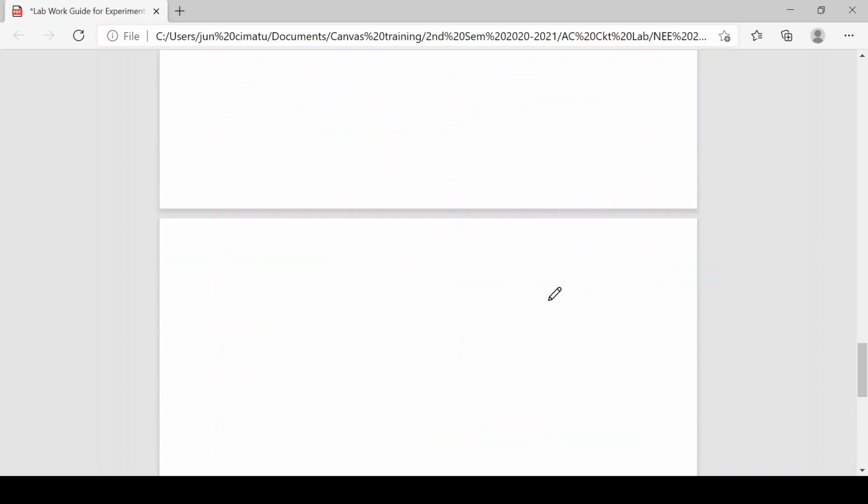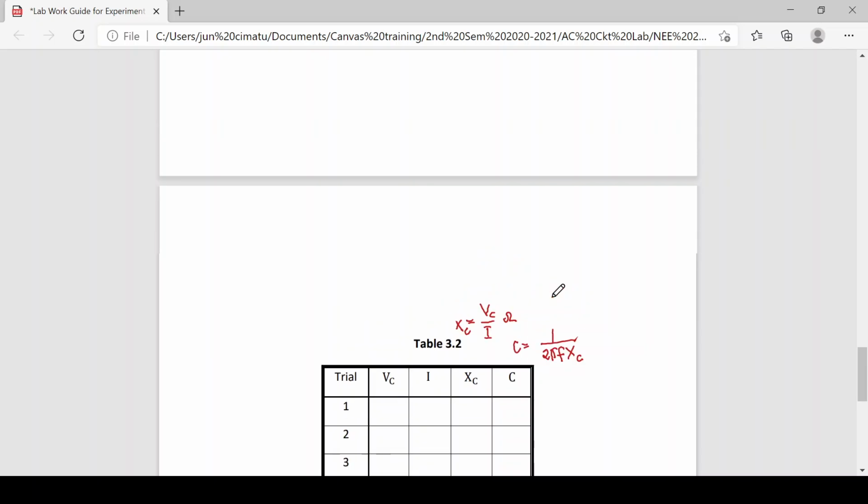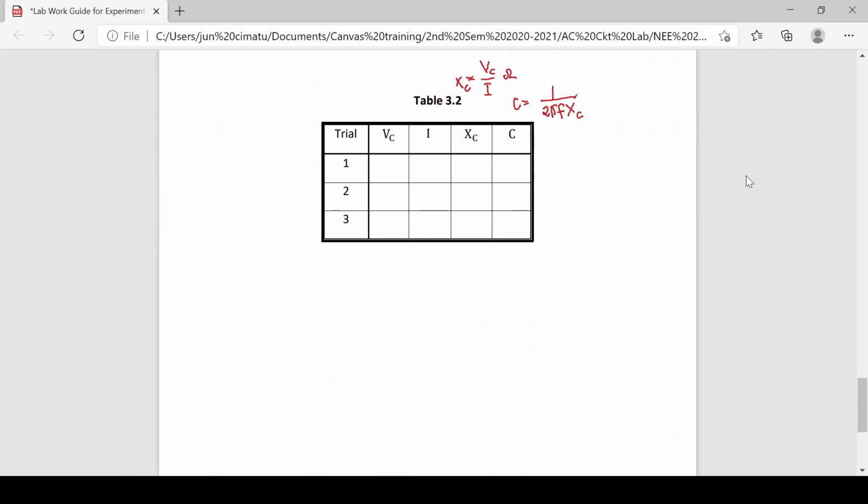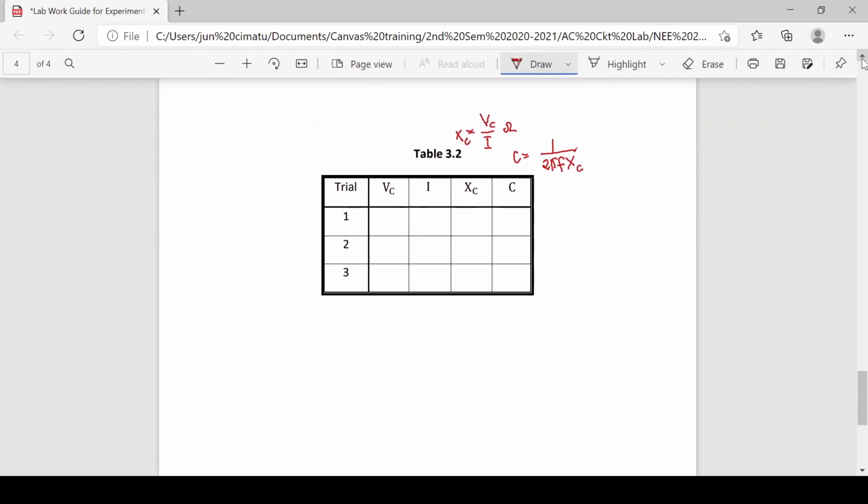And for run 2, this is the table for run 2, table 3.